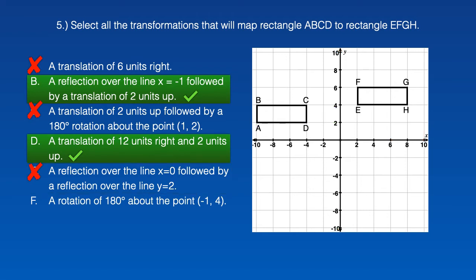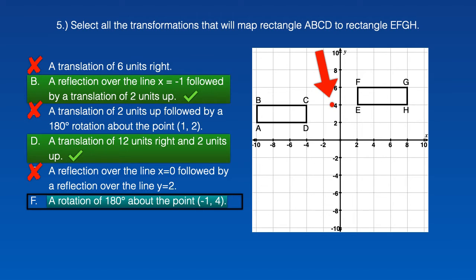The final answer choice, letter F, a rotation of 180 degrees about point -1, 4. So on this one, what this means is we're going to treat this point as if it were the center of the coordinate plane, as if it were the origin. We're treating it as if this was 0, 0.